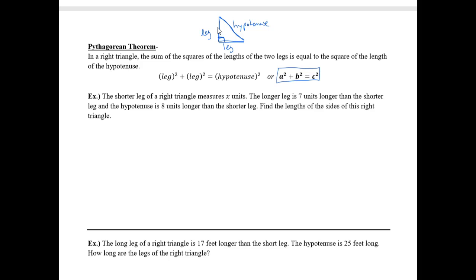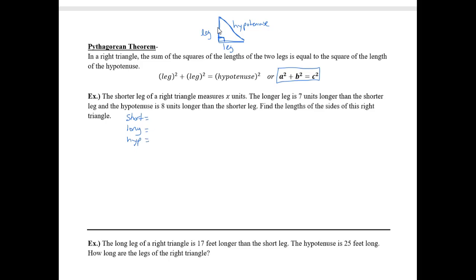The first problem: the shorter leg of a right triangle measures x units. The longer leg is 7 units longer than the shorter, and the hypotenuse is 8 units longer than the shorter. So there are three things we don't know: the short leg, the long leg, and the hypotenuse. Which one do we know the least about?